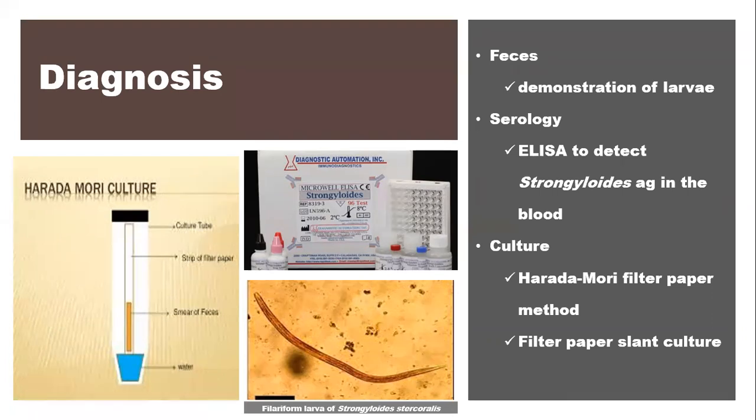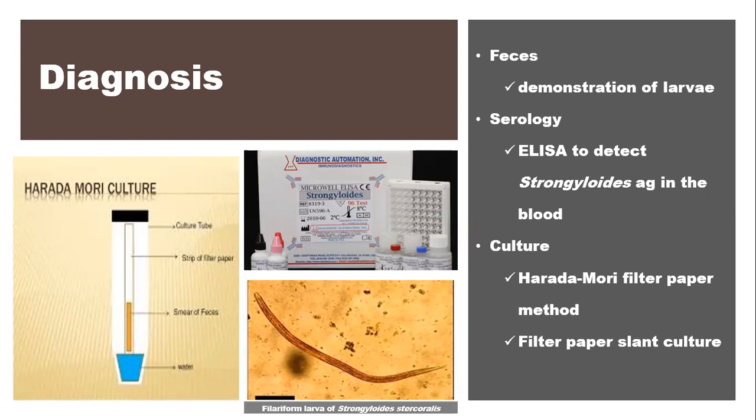Now, the reason why this is done is because those larvae that we discussed, the rhabditiform, they have a predilection for water. So keeping the tube relatively moist will draw the larvae from the sample to the water that you have provided.